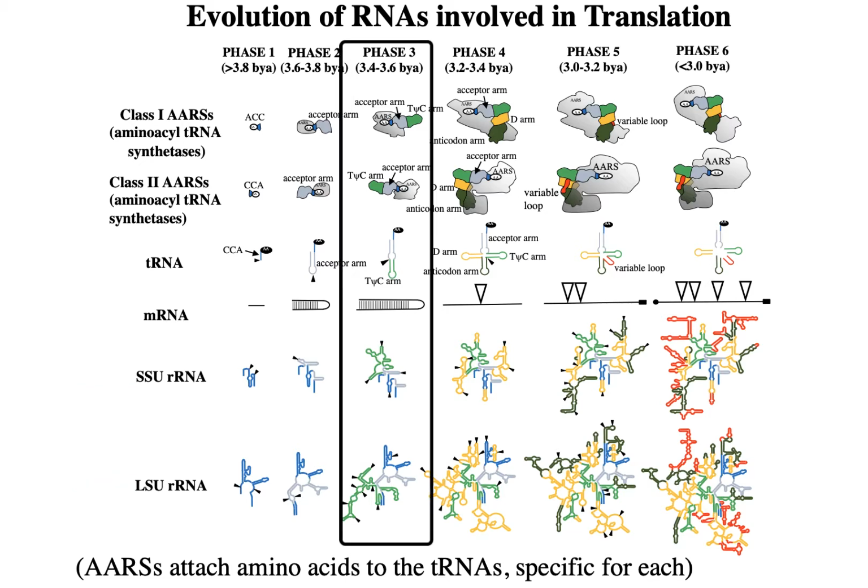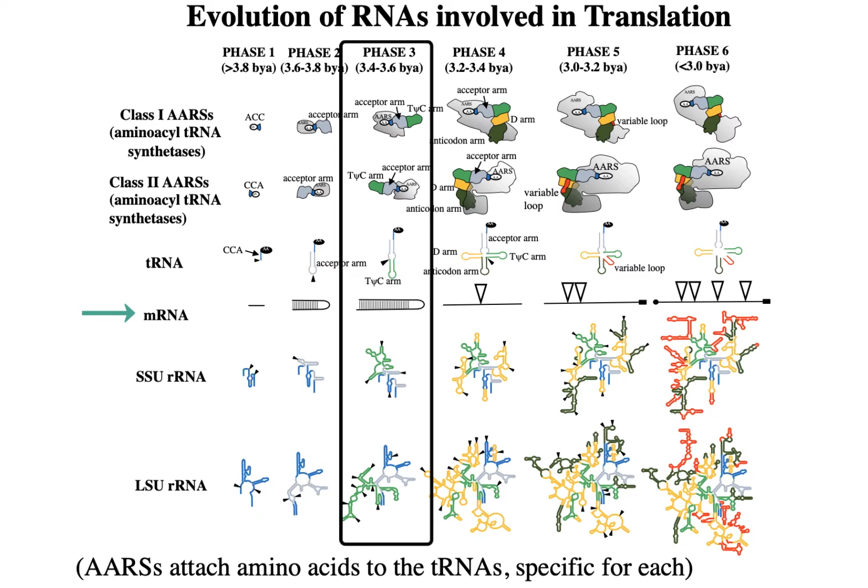By phase 3, you now clearly have DNA organisms, bacteria and such, and probably in phase 2 also simple bacteria. The aminoacyl tRNA synthetases are becoming larger to handle more complex tRNAs, and here the tRNA has doubled in size, gaining the T pseudo-U C arm or T domain.